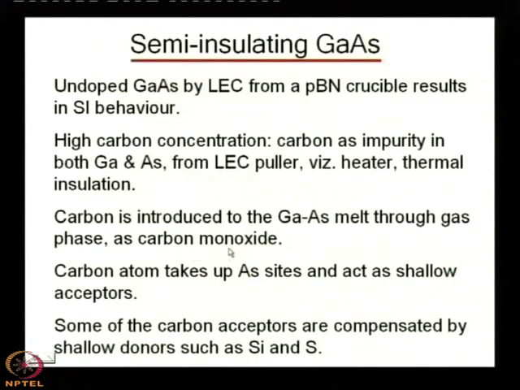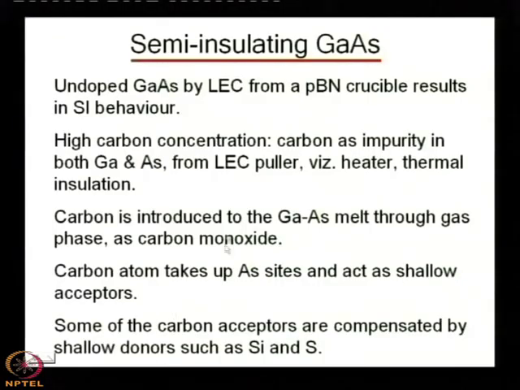So from the furnace, from the thermal insulators, you are using many kinds of materials, and you know that almost all materials contain some amount of carbon. So even if you do not use a graphite crucible, carbon will be there and it will mix in the melt as carbon monoxide in the gas phase.